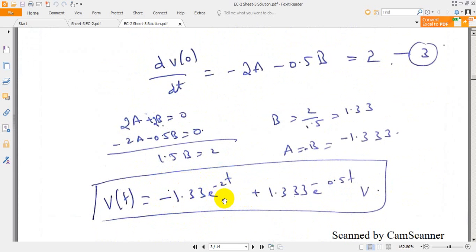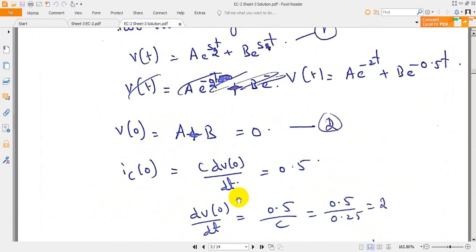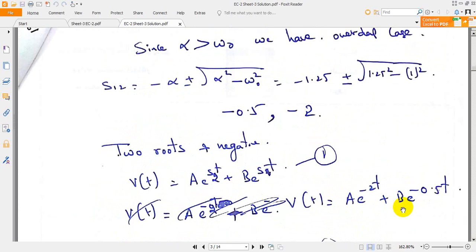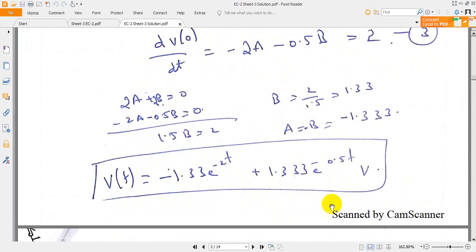The coefficient of e power minus 2t is A, which is minus 1.33, and the coefficient of e power minus 0.5t is B, which is 1.33. This completes the equation for the voltage across the capacitance.